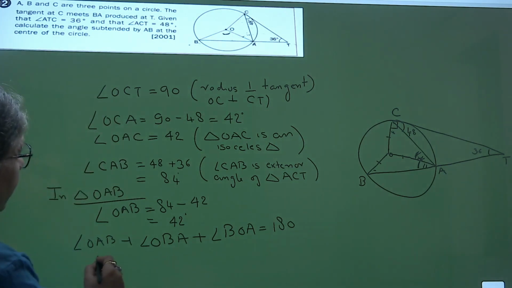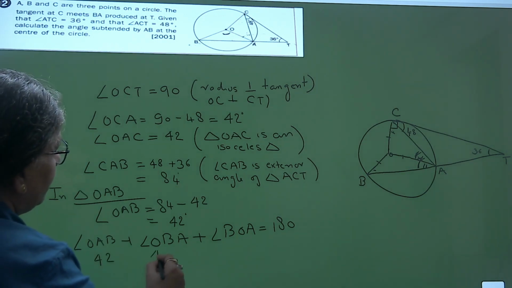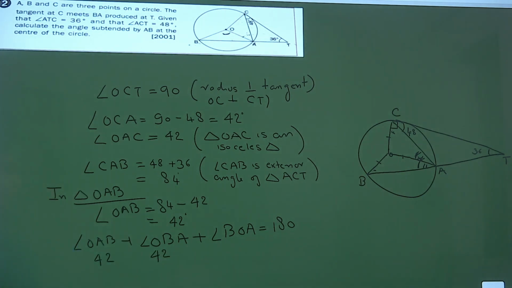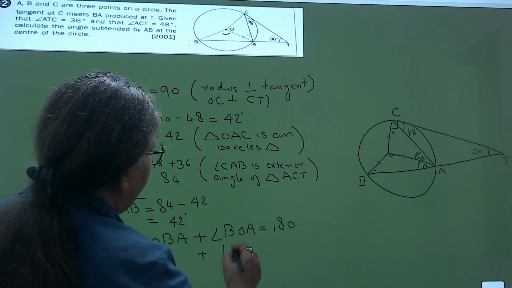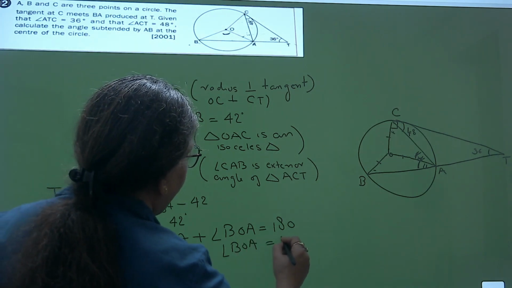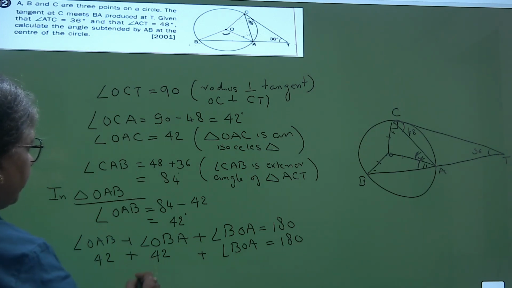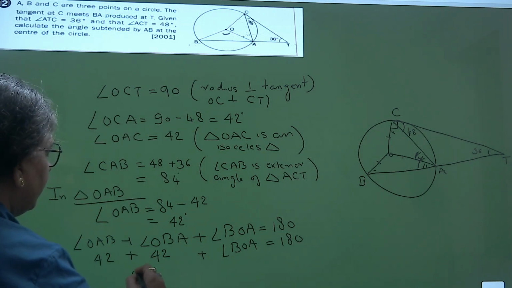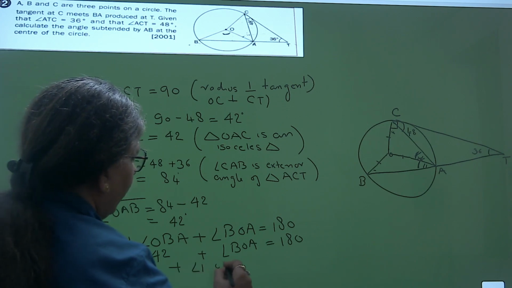Now this angle is 42, this angle is also 42 because it is an isosceles triangle, and we can find angle BOA.